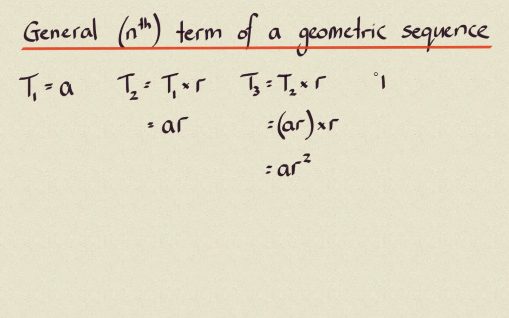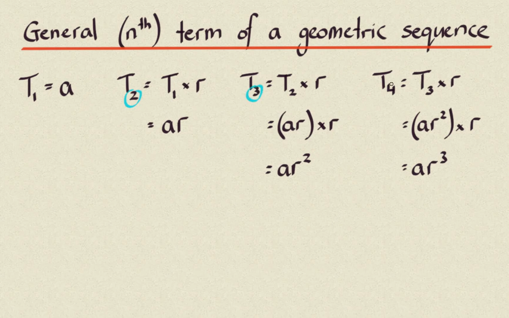And let's just do one more to help us recognize the pattern. Term 4 is equal to term 3 times r. However, term 3 is ar squared, and when we multiply that by r, we get ar cubed. So whenever we are looking at any given n value, we can see that the power of r is 1 less. So here we have a times r to the 1, and even going back to term 1, there's an r to the power of 0 here.